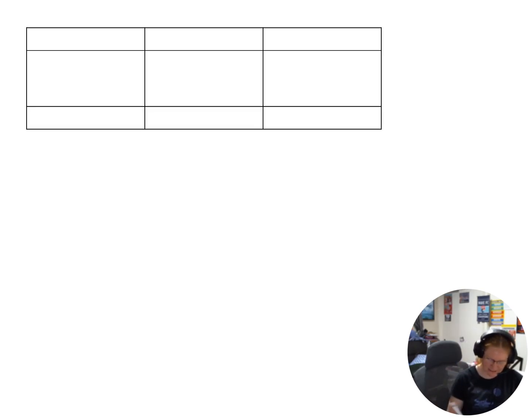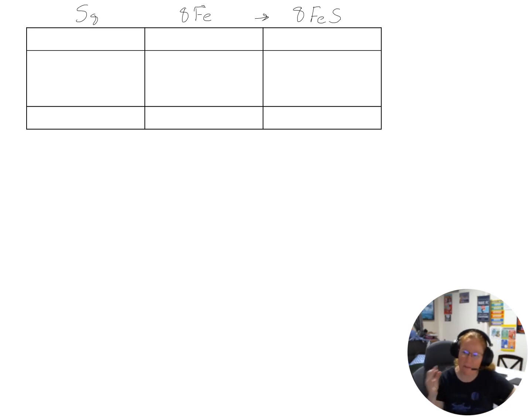All right, so on the top here, I've got my sulfur S8, I've got my iron, and I've got my iron 2 sulfide. Okay. All right, now from our problem, we're already in moles, so I don't have to do any math to start filling out my table.